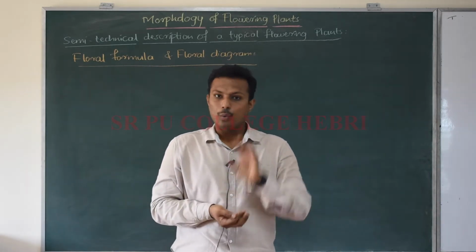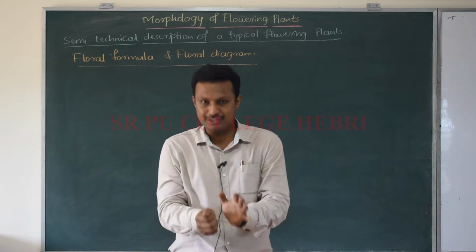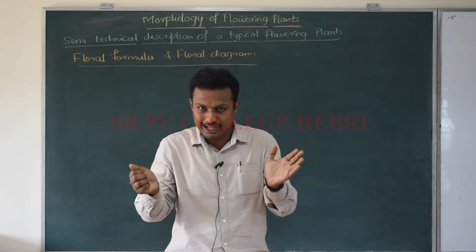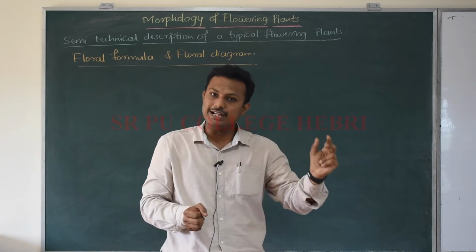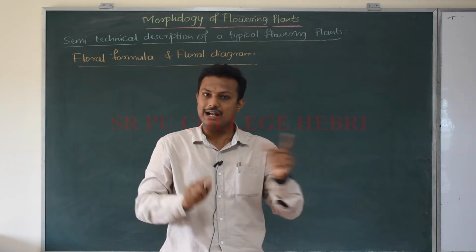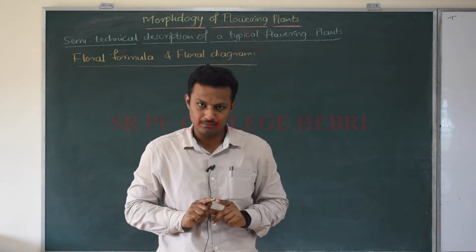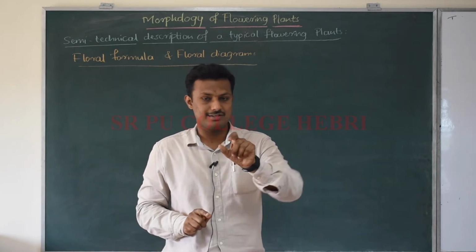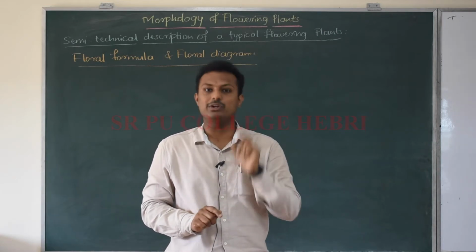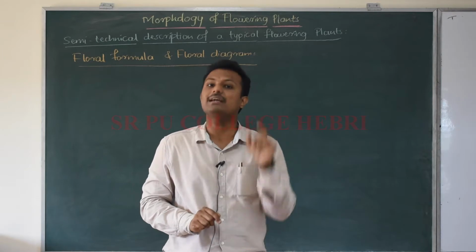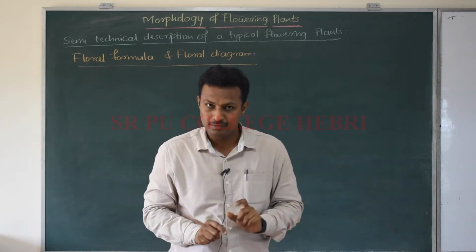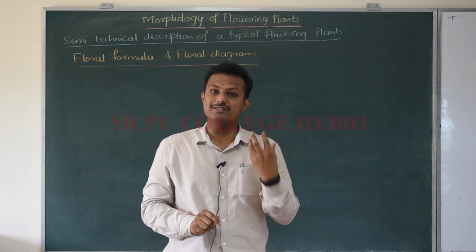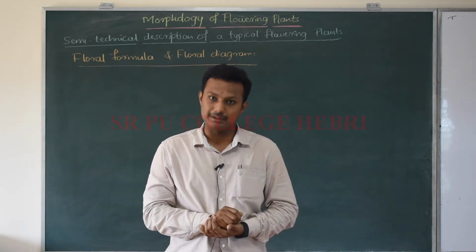Right? So while giving the description, as I just told you, we classify the characteristics of the plant body into two different types, that is vegetative characteristics and generative characteristics. The generative characteristics are nothing but the reproductive characteristics, mainly concerned with the characters of a flower, because we know flower is the reproductive part of the angiosperm plant body.